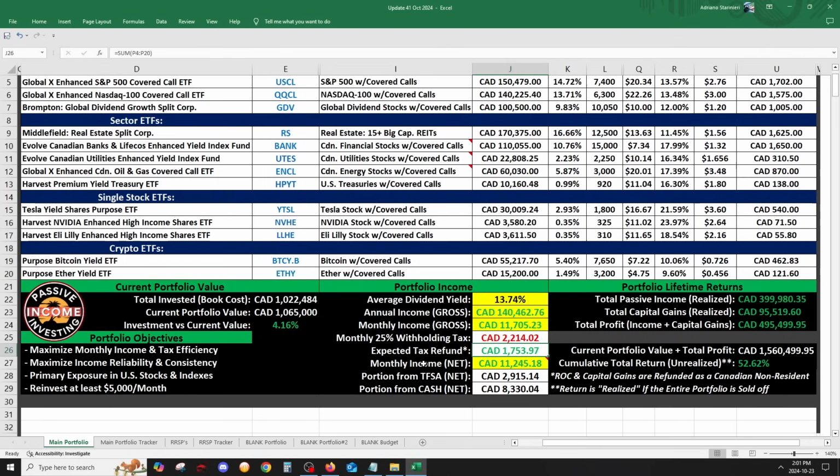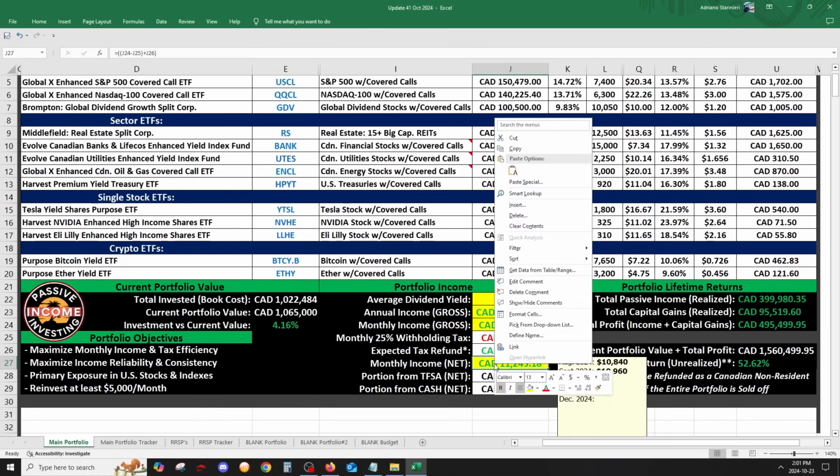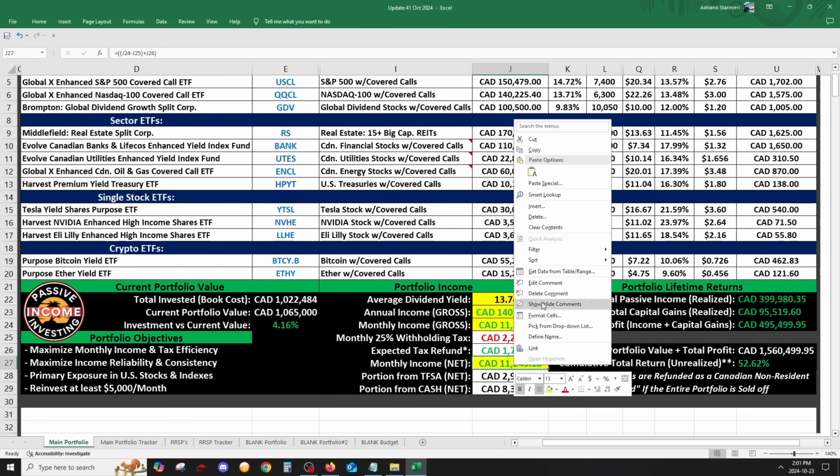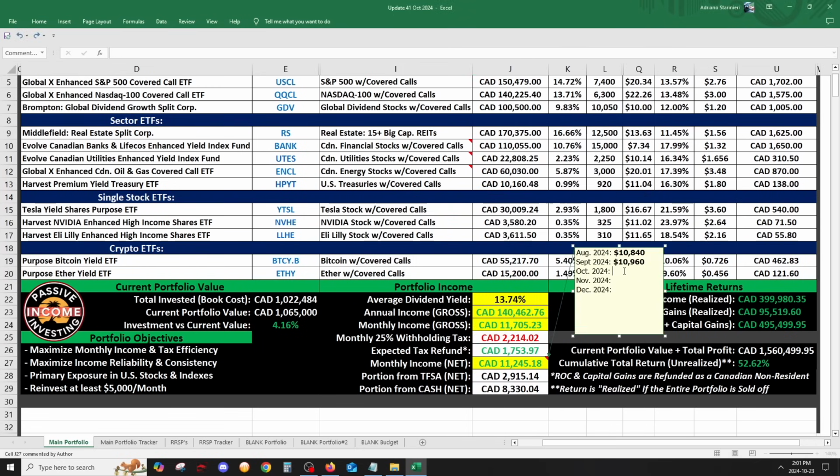So my monthly income net is about $11,245. I didn't update it here, but I guess I could update it now. So this is another thing I've been tracking in case you guys are curious how my income is going up every month.